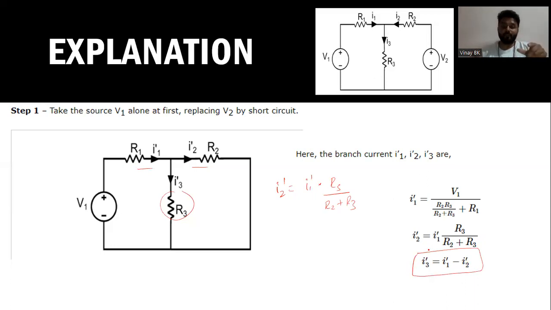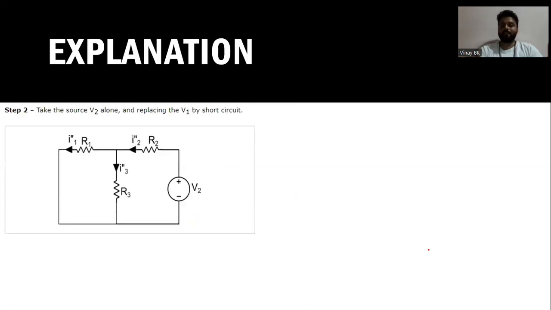When V1 is acting alone, we consider the other source as 0, that is the V2 voltage source is 0, which is nothing but a short circuit. Similarly, in step 2, you consider V2 alone and V1 becomes a short circuit. So take source V2 alone, replacing V1 by a short circuit.